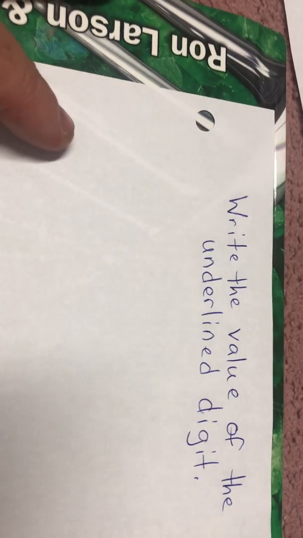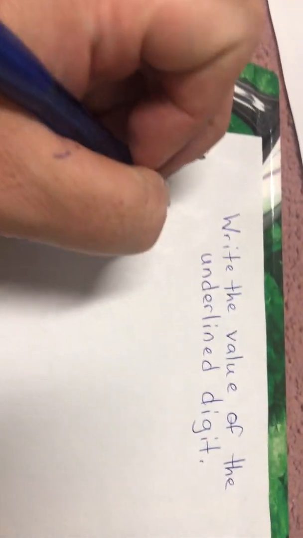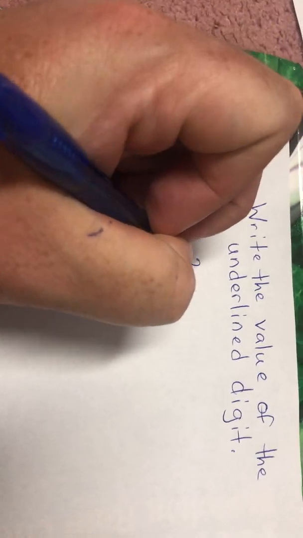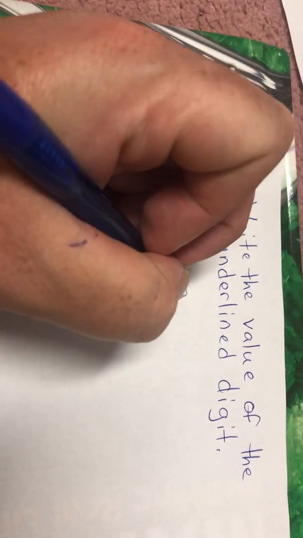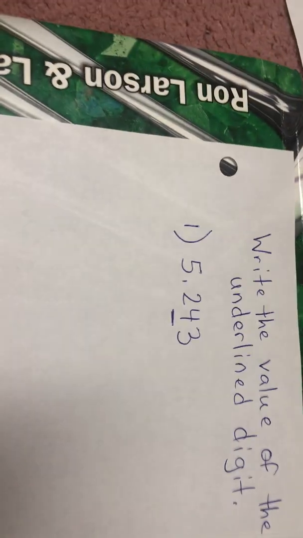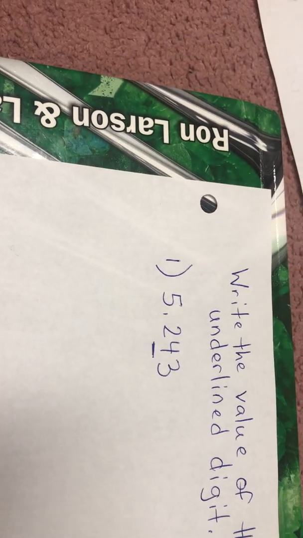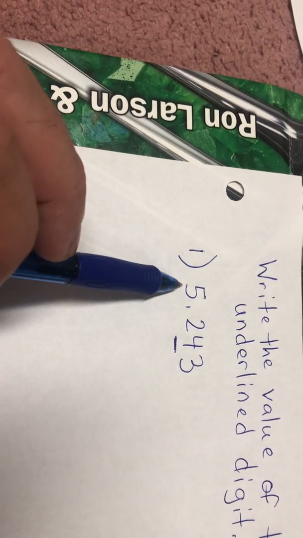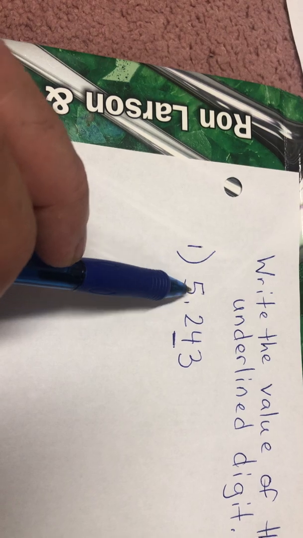So, let's just say we have an example here. We'll call this number 1,5.243. And it's the 4 that's underlined. So the first thing we want to think about is what place is this 4 in? Well, we know that the ones place comes right before the decimal.